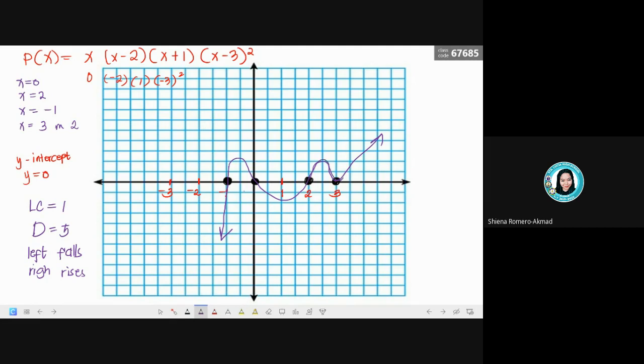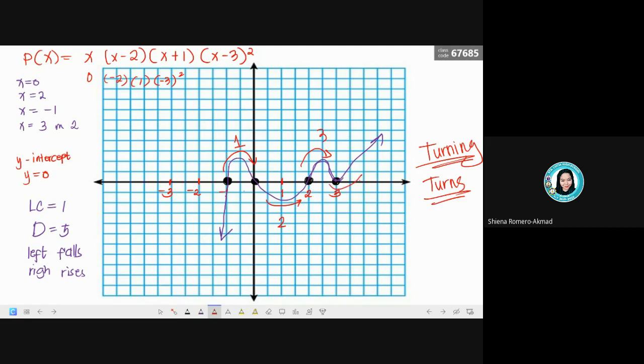By the way, speaking of turn, may mga turns din tayo dito. Returning. Or you can also call it turns. Okay? So, yung turns natin, binibilang din siya. So, let's say, nag-turn tayo dito 1. Pangalawang turn. Pangatlong turn.